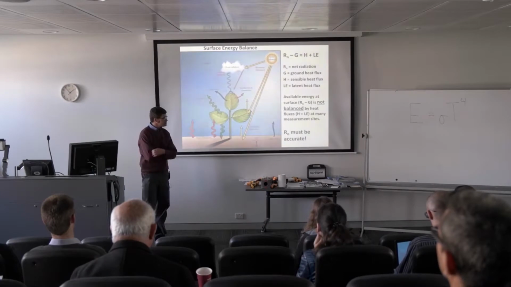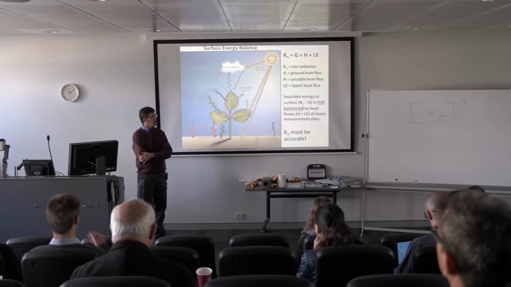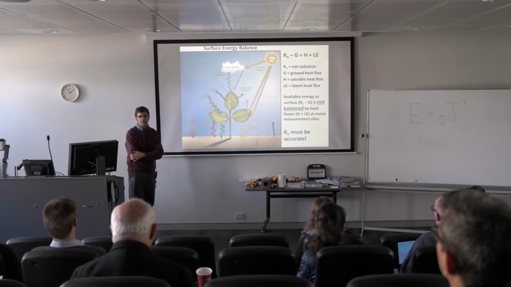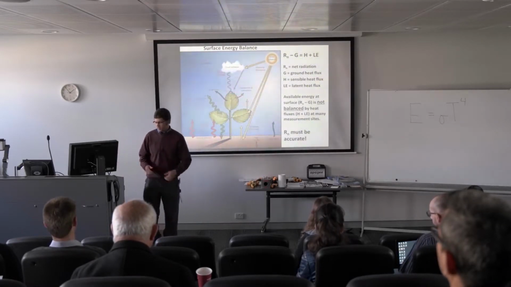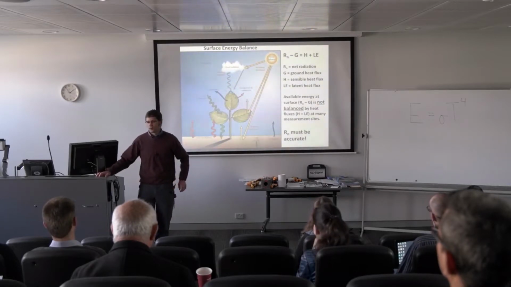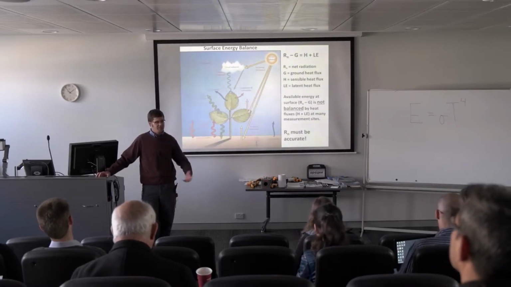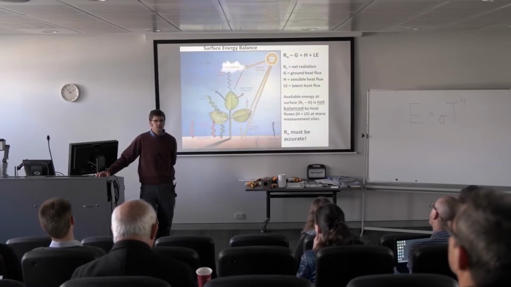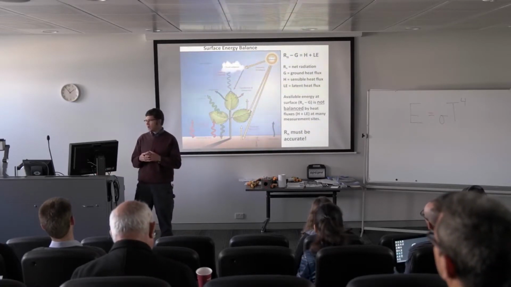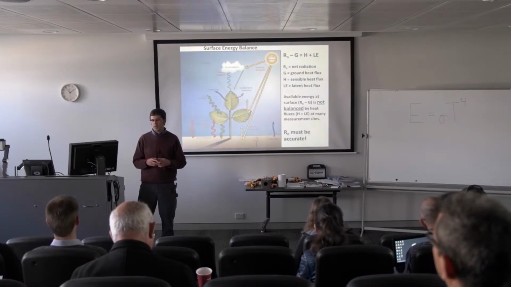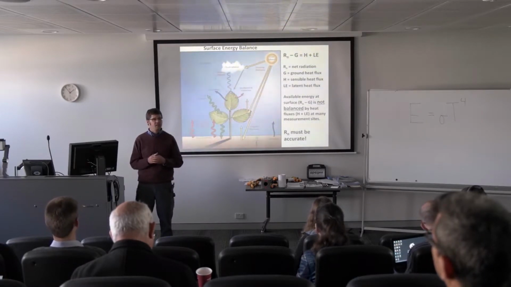So I'll talk a bit about net radiometers, and I'll also talk a little bit about net radiation modeling, because earlier we were talking about routine weather stations that we have in weather networks. They're going to have a pyranometer on there to measure the incoming shortwave radiation, but a lot of times they don't have any other radiometers.